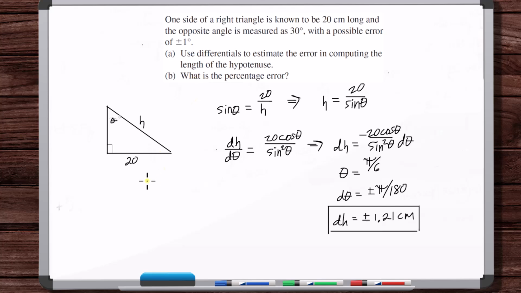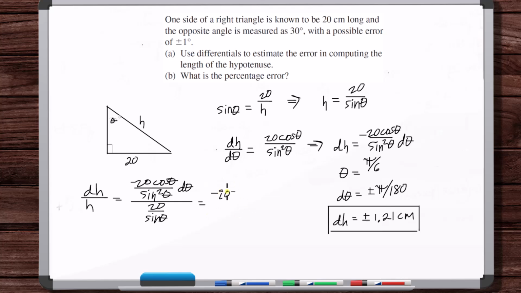What is the percent error? Well, what is dh divided by h? We've got minus 20 cosine theta over sine squared theta d theta, and then 20 over sine theta.